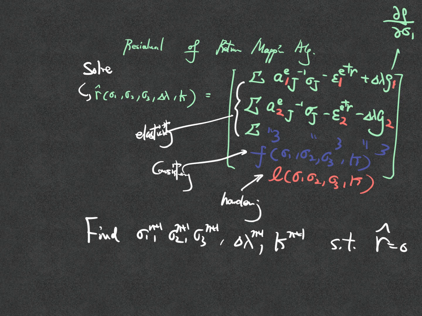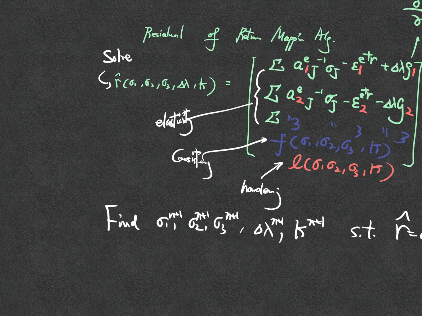What are the choices I have? We have 1, 2, 3, 4, 5, isn't it? 1 equation, 1 unknown. So I have 5 equations, I have 5 unknowns, right? Is it?